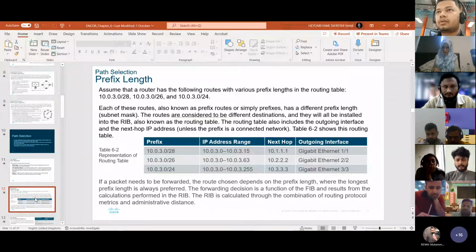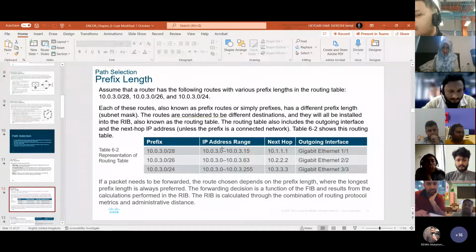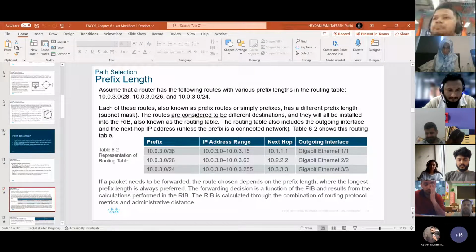What we expect from the outcome of a routing protocol is to build a routing table similar to what you see here. Inside the routing table of a Cisco router, whose content you can see by issuing the command show ip route for IPv4 or show ipv6 route for IPv6 networks, you should see a collection of subnets, and each of these prefixes and prefix lengths together specify a range of IP addresses.